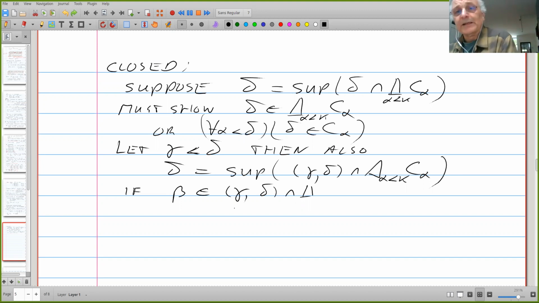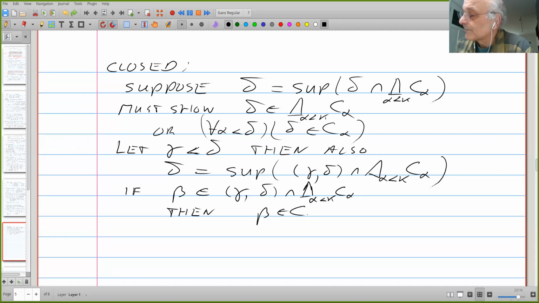Okay, the alpha was already an index and I don't want to mix too many letters here. So if gamma is less than delta, we need to show that delta is in C gamma. Well, if beta belongs to this set, then beta belongs to C gamma because beta is in this diagonal intersection and gamma is less than beta.